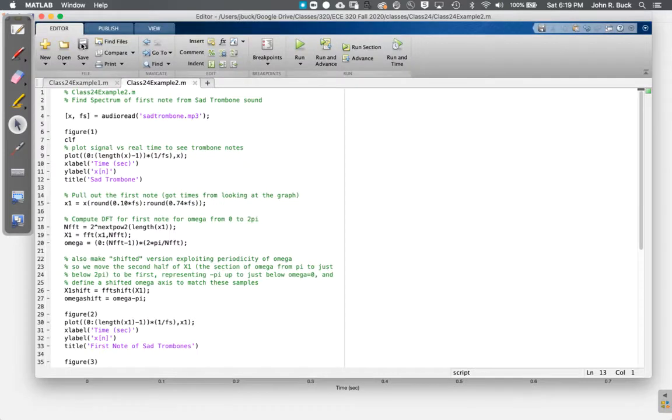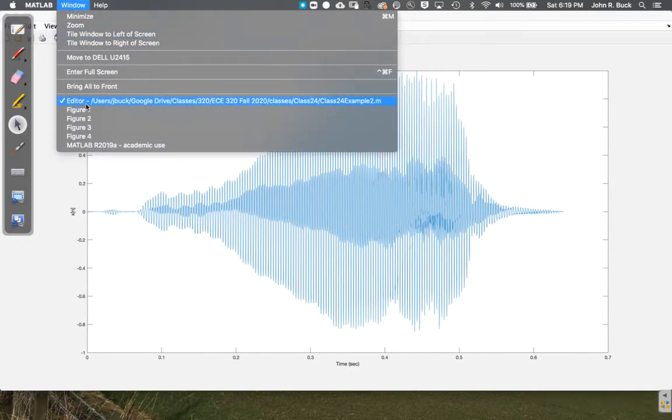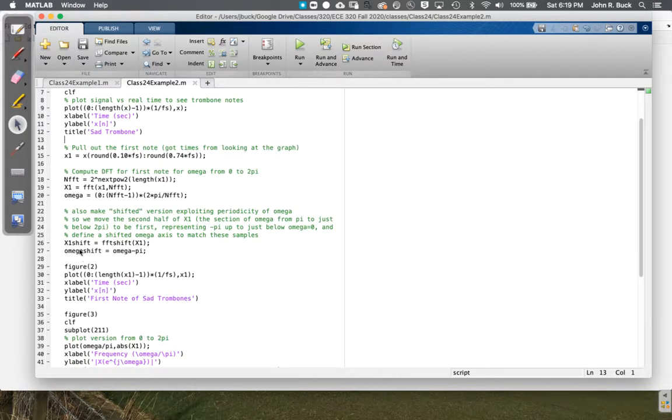Let me get out of full screen mode here. Maybe I just pull the editor up on top of it. All right, so this is that X1 that I just showed you. I pulled that out, and here are the commands to plot the first note. Then I need to figure out how big my DFT is going to be, where I'm using NFFT, because we're going to use the fast Fourier transform, a clever, fast way to compute the DFT invented by Cooley and Tukey.